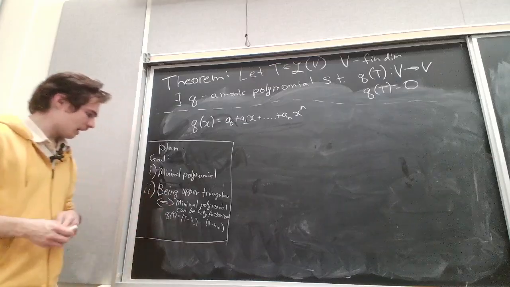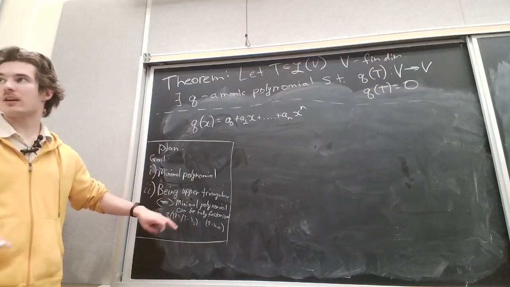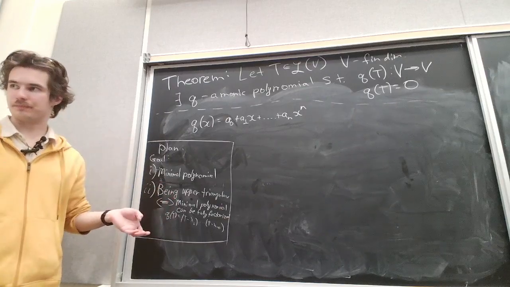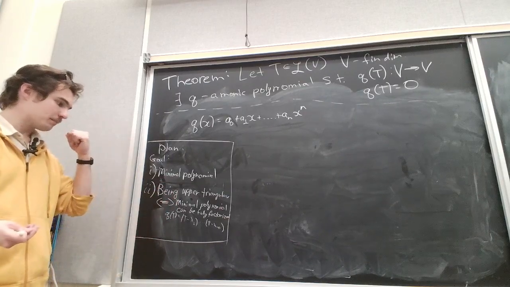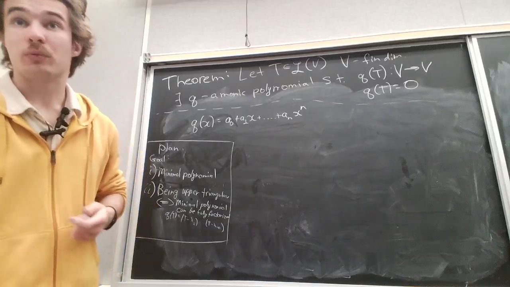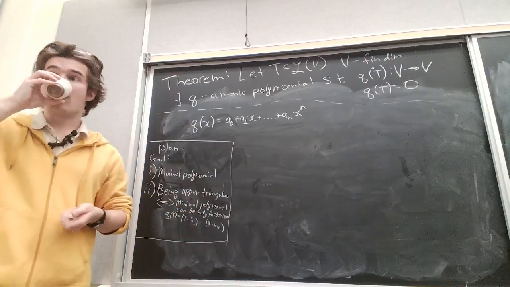So we will show that being upper triangular is completely equivalent to this, over any field. But then we will realize that, wait a second, for complex numbers, we know that any polynomial with complex coefficients can be factored like this.